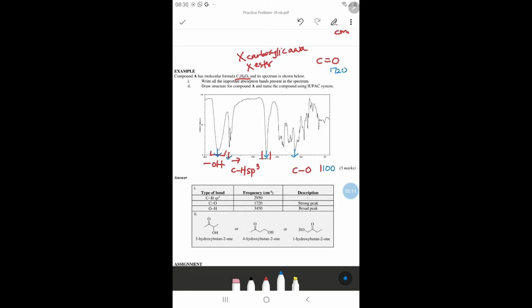You need to bring down the value here, and here. So you have C double bond O 1720, you have your OH 3450, but this one must be in the range.